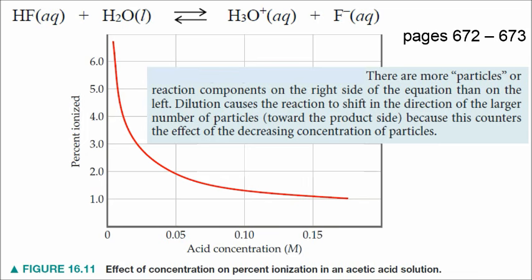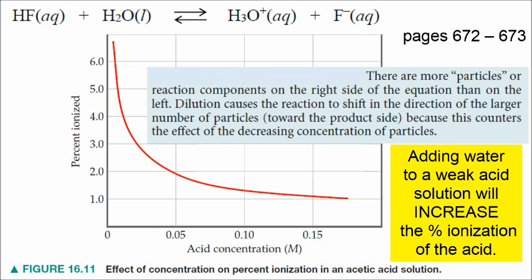So when a weak acid is diluted, it causes a shift in the direction of the products, and that will increase the percent ionization. So adding water or diluting a weak acid will increase the percent ionization.